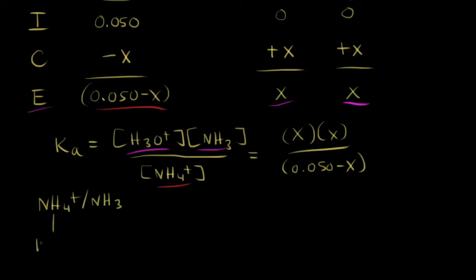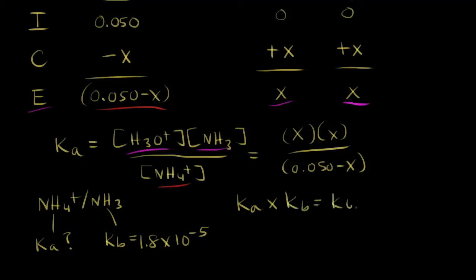We're trying to find the Ka for NH4 plus. That's not usually found in most textbooks, but the Kb value for NH3 is, it's 1.8 times 10 to the negative 5. So for a conjugate acid-base pair, Ka times Kb is equal to Kw.